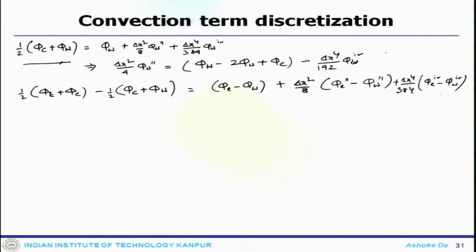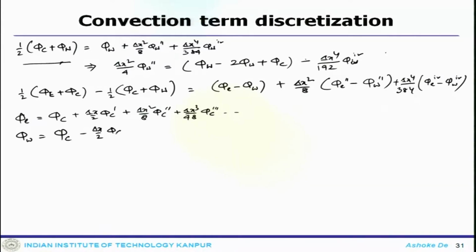Now, one can expand this small phi e in terms of phi c, which is also like this: phi c plus delta x by 2 phi c prime plus delta x square by 8 phi c double prime plus delta x cube by 48 phi c triple prime and so on. So, one can represent phi w as phi c minus del x by 2 phi c prime plus del x square by 8 phi c double prime and so on.